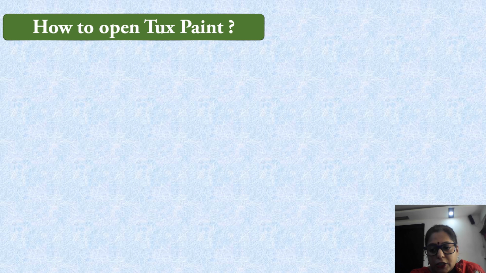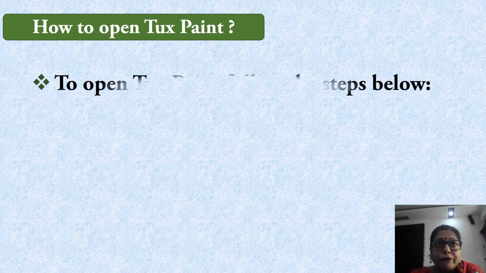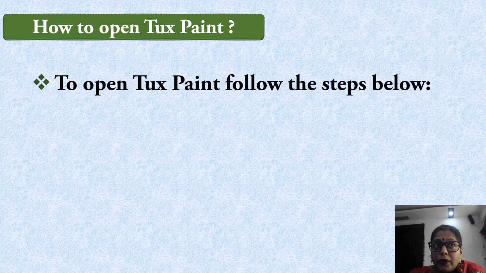Now our next topic is how to open TuxPaint. Students, if you want to open the TuxPaint program on your computer, you must follow the steps given on the screen. Okay.